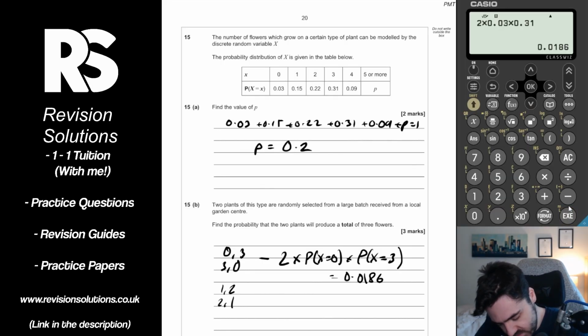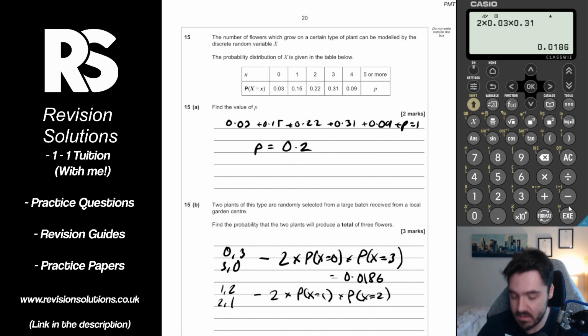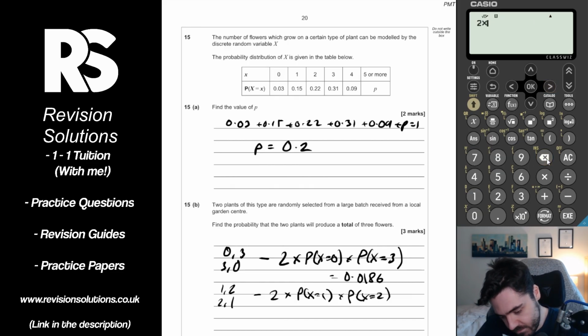The second 2 options would be 2 lots of probability x equals 1 times probability x equals 2. Again, it's times 2 because there's 2 ways we can get 1 and then 2: it could be first, second, or second, first. So let's change this calculation. Now it's 2 lots of 0.15 times 0.22.